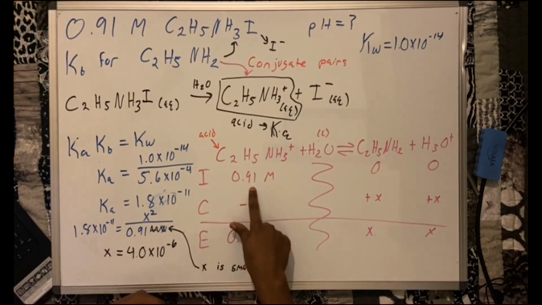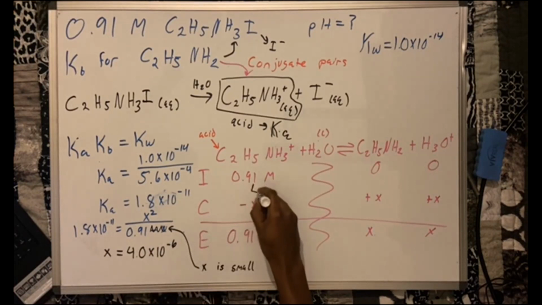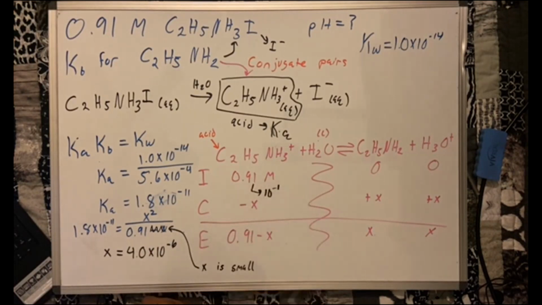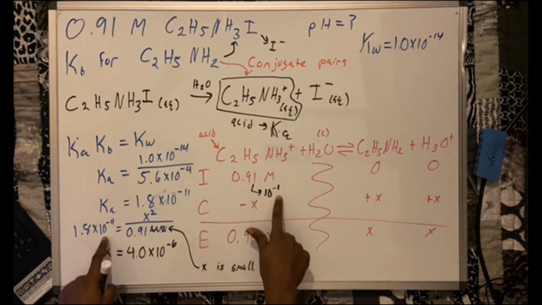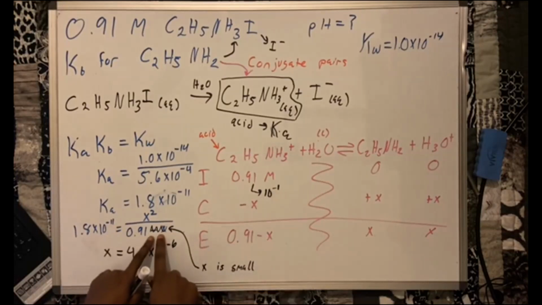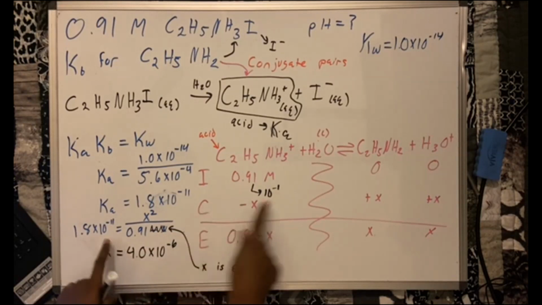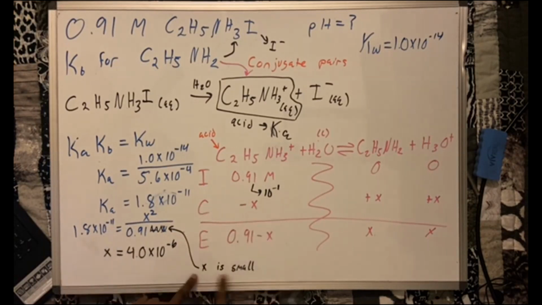And I go to my initial amount of my acid, and if I wrote that in scientific notation, I would get 10 to the negative 1, because I just move my decimal place over 1. As long as the difference, negative 11 to negative 1, is greater than 4, it's a good bet that you can make your x is small assumption. And then we still have to check that it is less than 5% of that. That's just a good check to see if the x is small assumption holds. Okay, thank you. No problem.